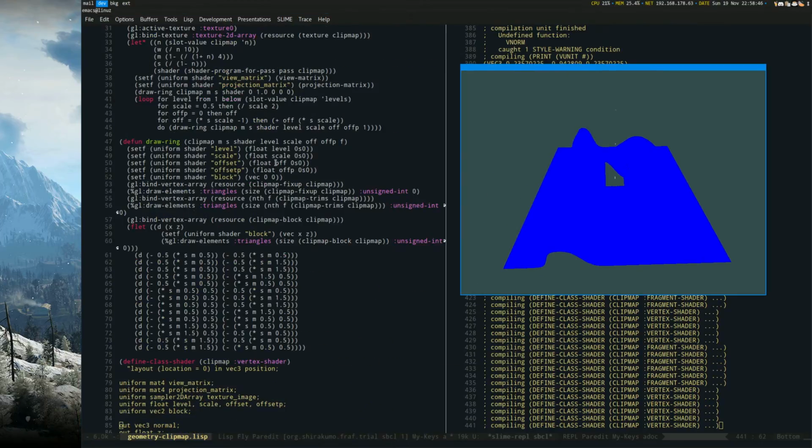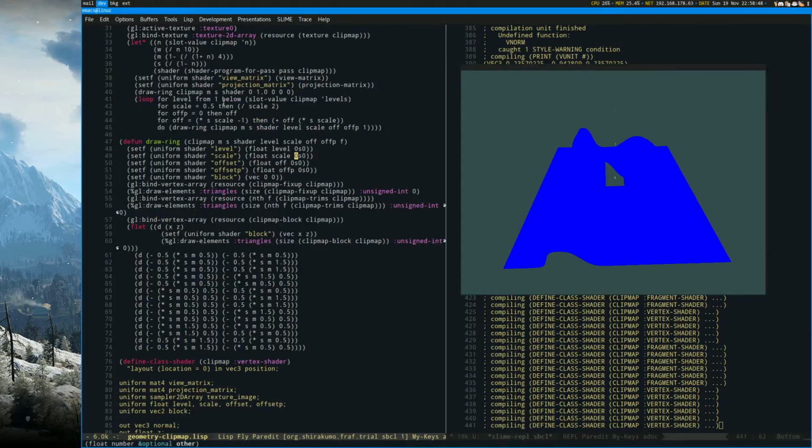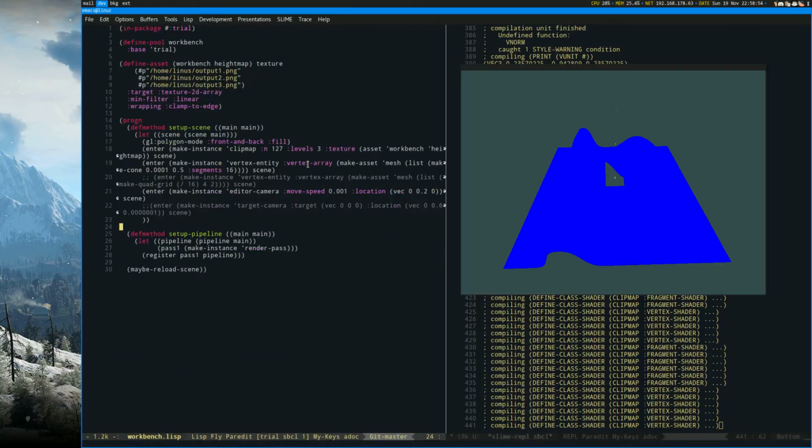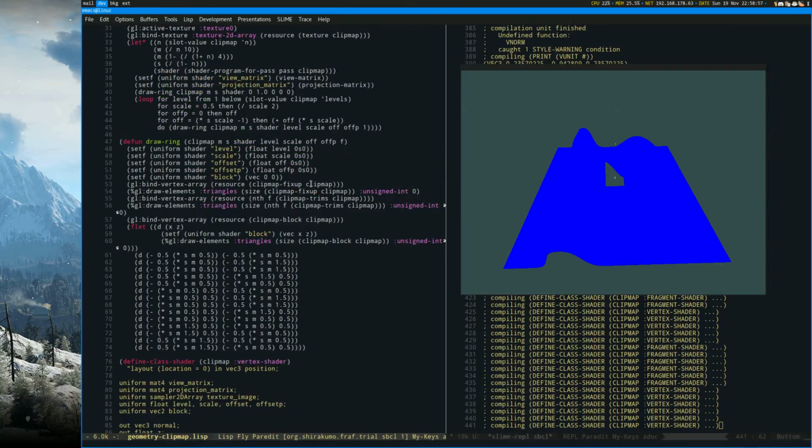What is scale actually? It doesn't tell me anything about the real world size. So that's 128.